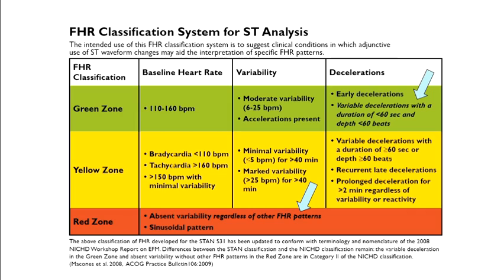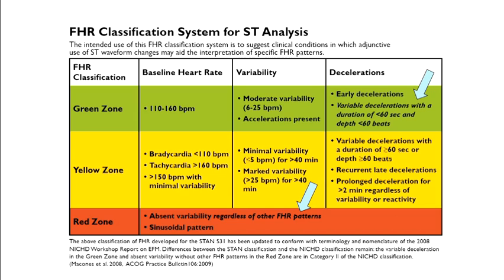So the only two differences between these zones and the categories of fetal heart rate are, first, up here, where variable deceleration with a duration less than 60 seconds and a depth less than 60 beats is in the green zone, while in the NICHD ACOG categories, this will be in category 2. However, we all know that these are mild variables. They're variables that are usually not associated with acidosis.